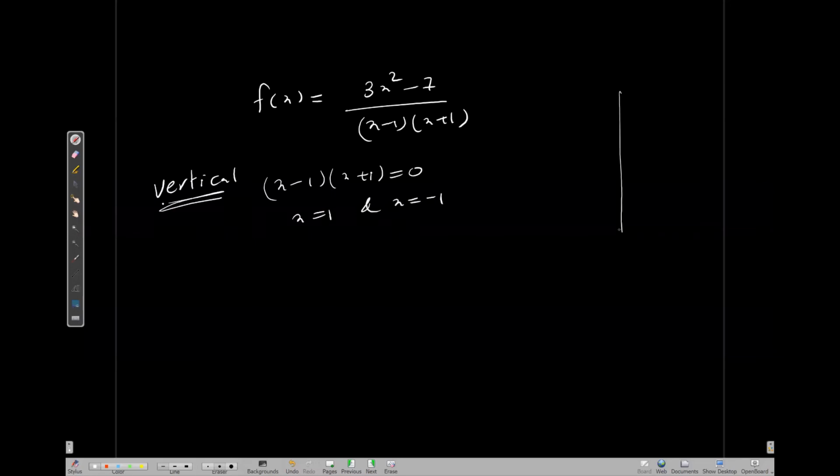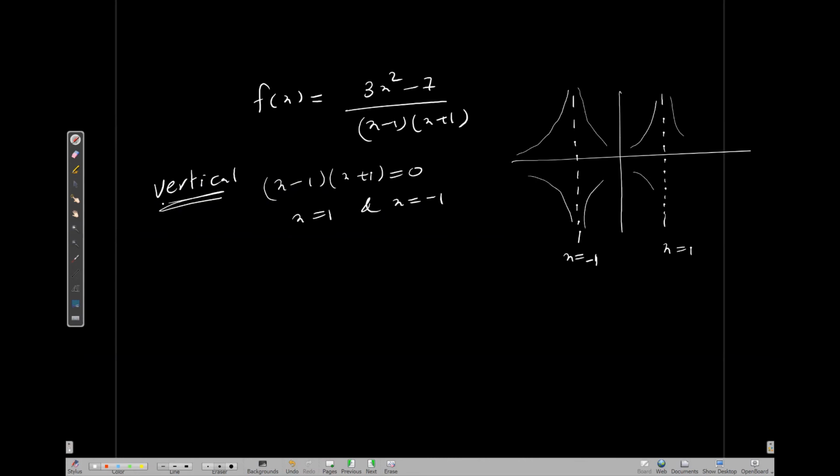So we have 2 now. For sure, we know your graph will not touch these two lines. We don't know how it will look, it can be any way. You can check it later, but anyway, it's not going to touch the vertical asymptotes.